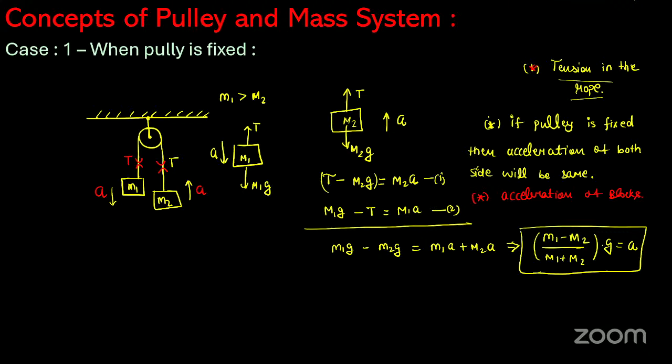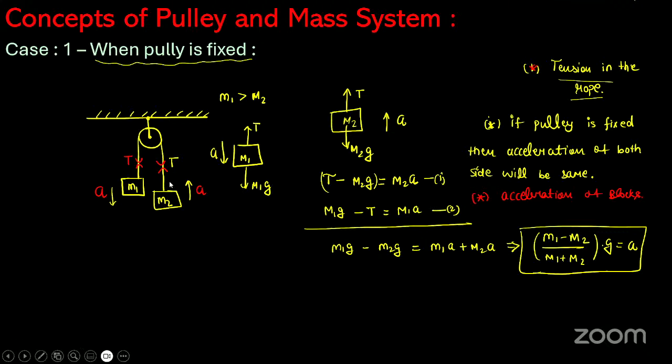Got it? Second thing, we have to identify the acceleration of both blocks. Would it be different or the same? It will be the same if the pulley is fixed, because in case one we are discussing the fixed pulley. So acceleration on both sides of the system will remain the same in magnitude, but in direction it is opposite.